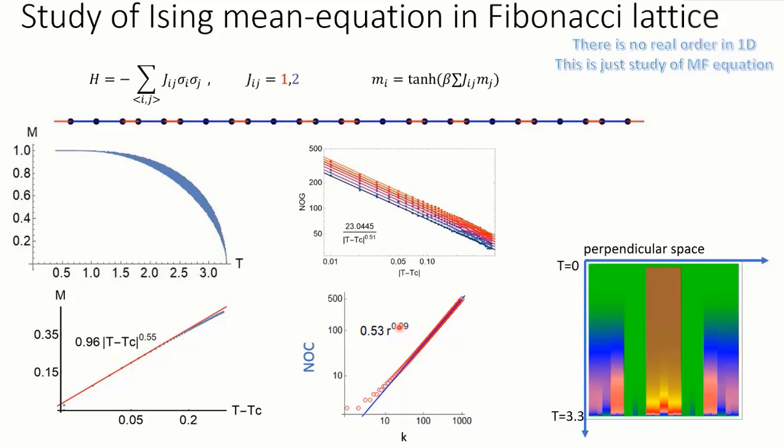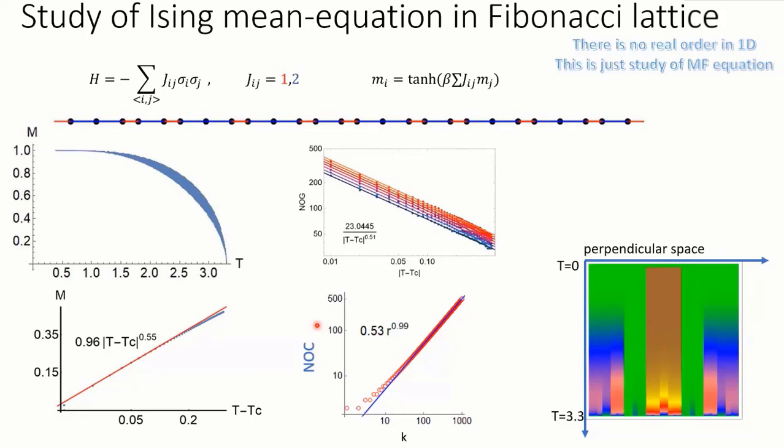So if NOC is related to NOG, its exponent should be half. So we can see that if we compute NOG of this system, it also becomes half. So we can conclude that NOG, the number of gaps in the distribution of the magnetization or order parameter, is controlled by the number of classification exponents. So until here, we can conclude, I mean, this is just for mean field.